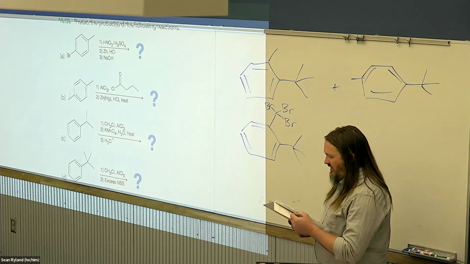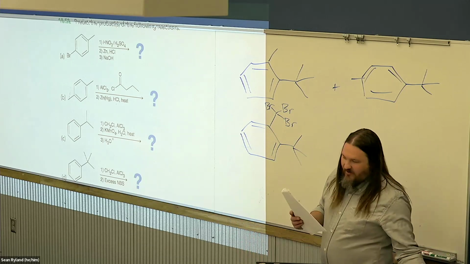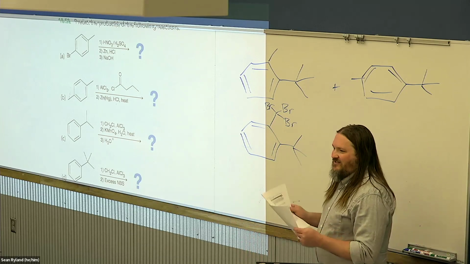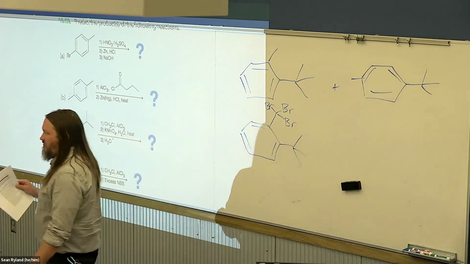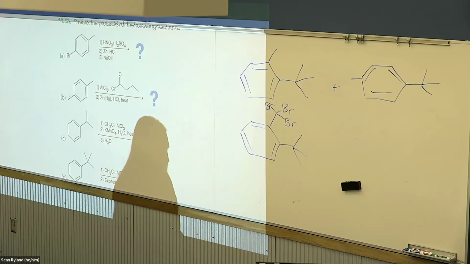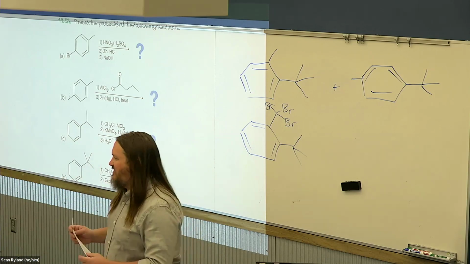I have your lab procedures. So we're going to use our Grignard reagent. We're going to make benzoic acid. We have bromobenzene Grignard reagents. We just expose that to CO2. We can actually use it to reduce the CO2.